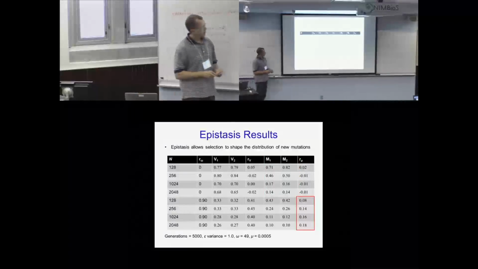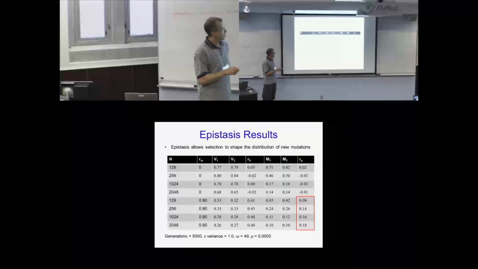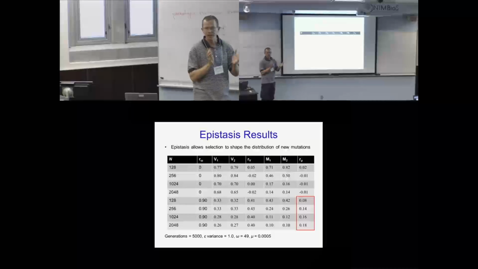The other interesting result is that when we have correlational selection, epistasis allows the evolution of a positive mutational correlation, right? So you get a genetic architecture that evolves in the population that tends to produce mutations that are positively genetically correlated if there's positive correlational selection, right?